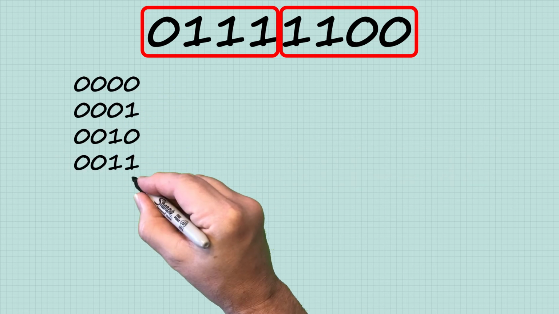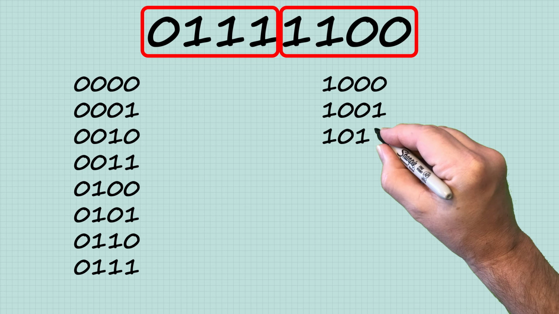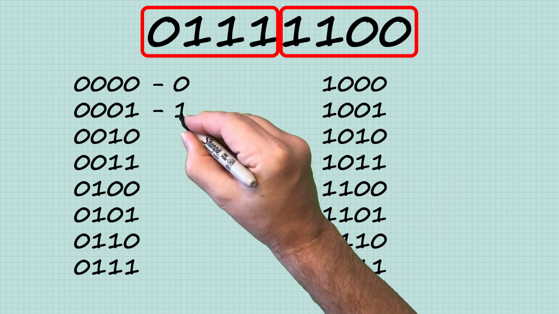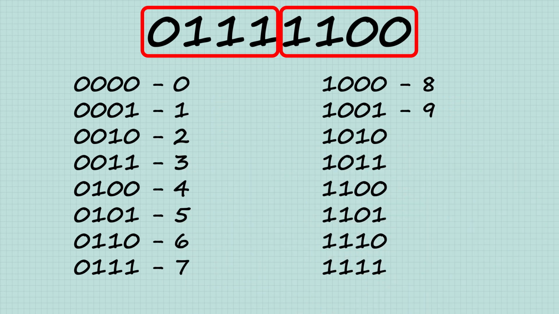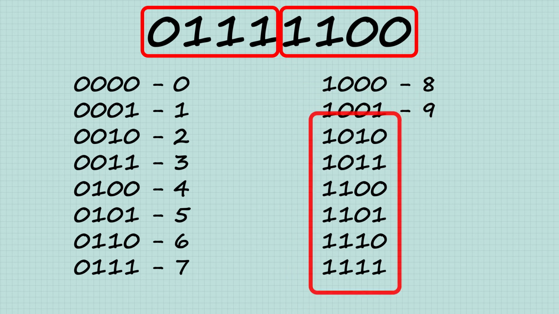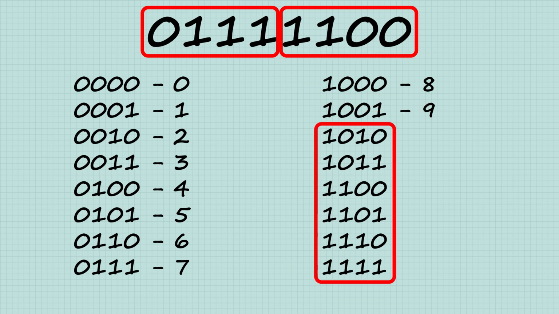Of course, it doesn't come without issues of its own. We only have 10 symbols to use in our decimal system, so we don't have anything to represent the values 1010 to 1111.